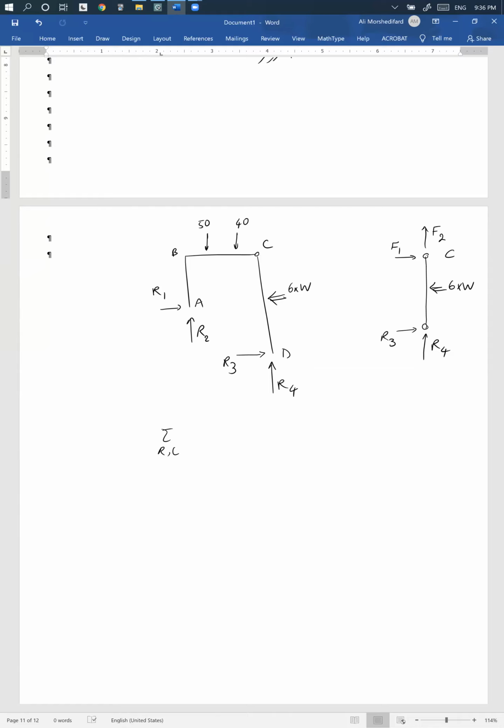So if I take the positive like this, right? So this 6 times W is in the negative direction, so it becomes 6 times W times half of L, which is 3, L over 2, right?